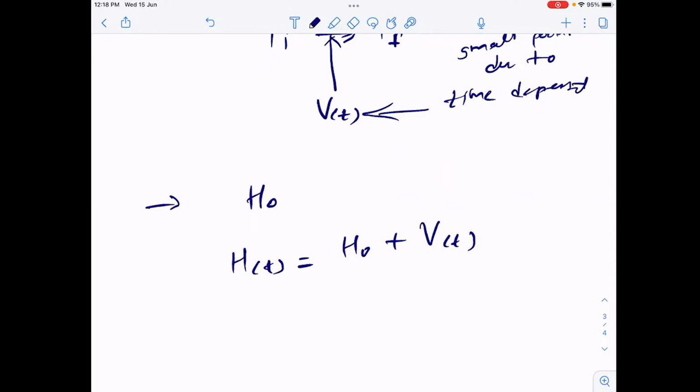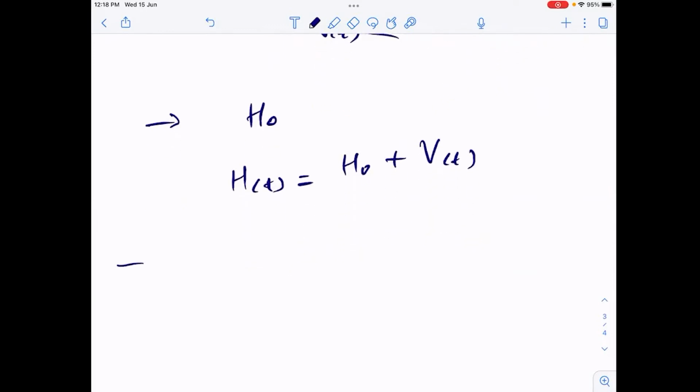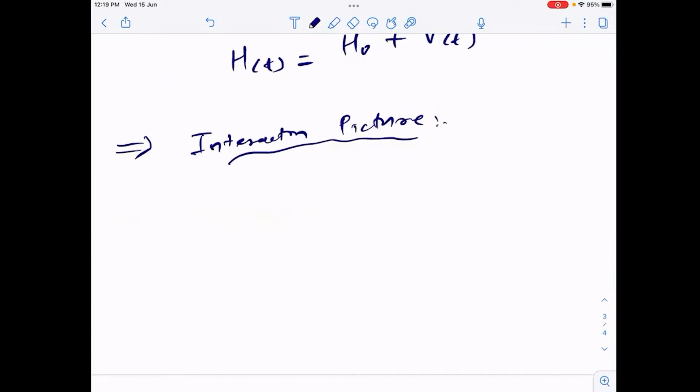Okay. Now let's go back to the interaction picture. You will need to keep in mind the interaction picture, because that is what is going to help us in understanding, right? Now we begin with what? We begin with our operator U(t,t0).